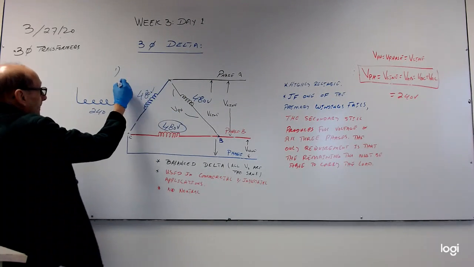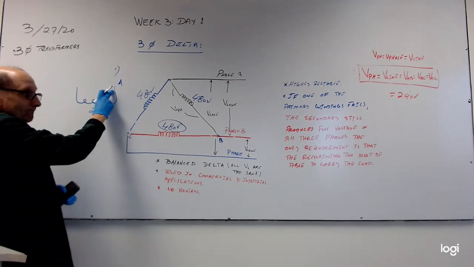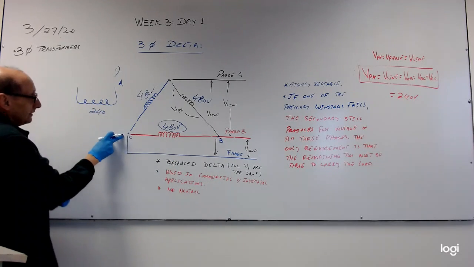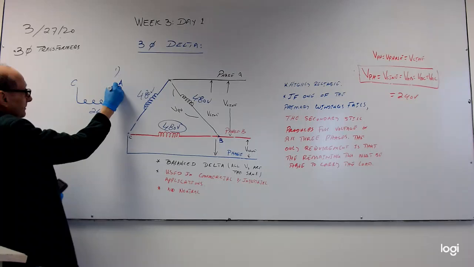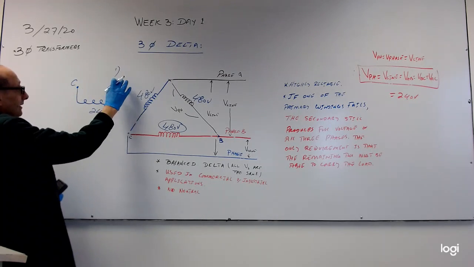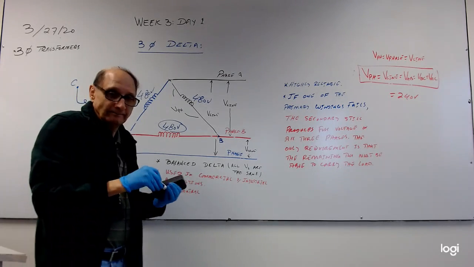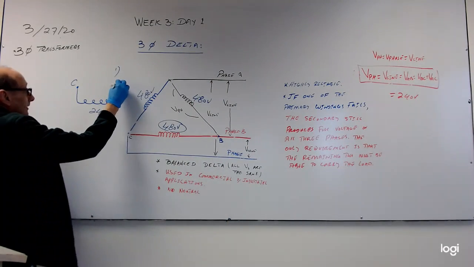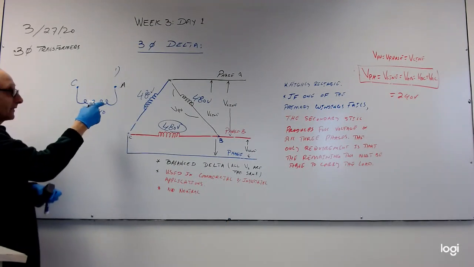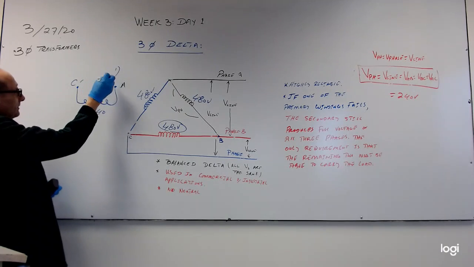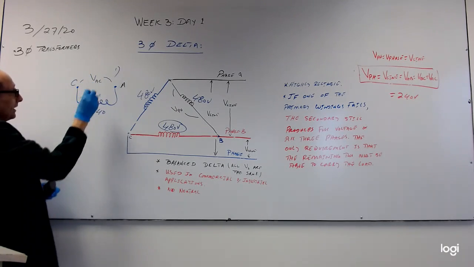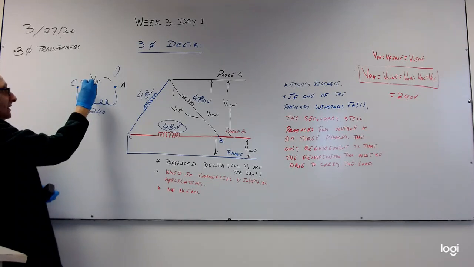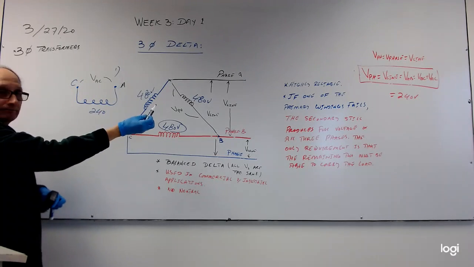If this is A, this is C, that's where these points are. That's point A, and of course the voltage, you can call it VAC or VCA.